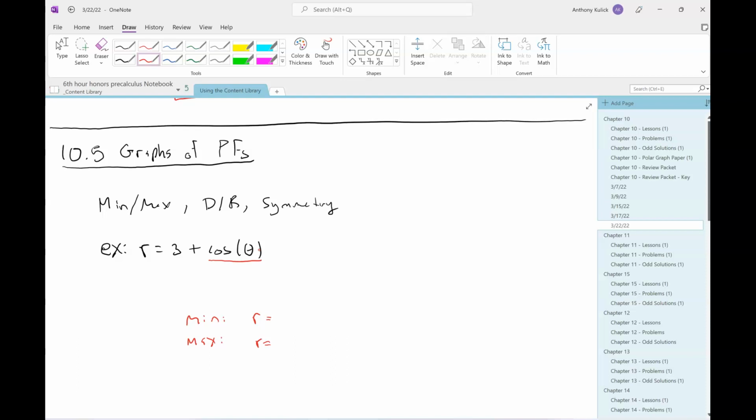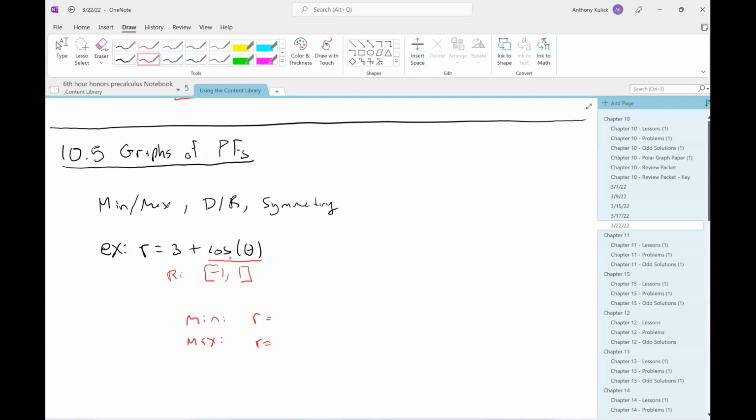Think about the unit circle. Not 0. -1 to +1 is the range for cosine, right?